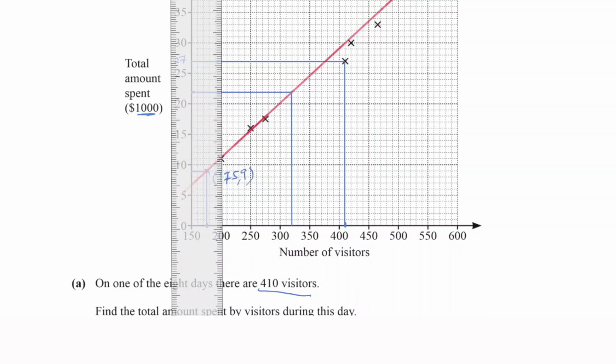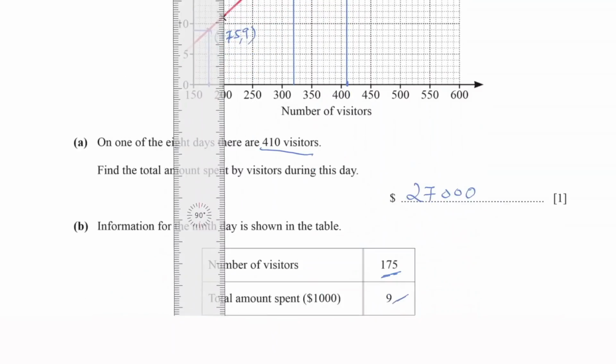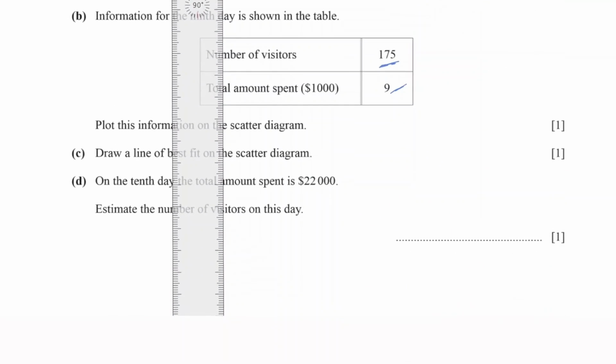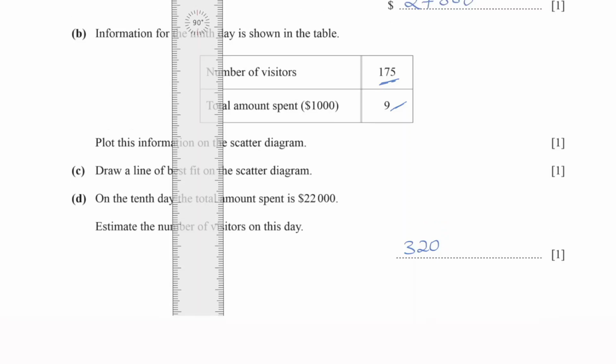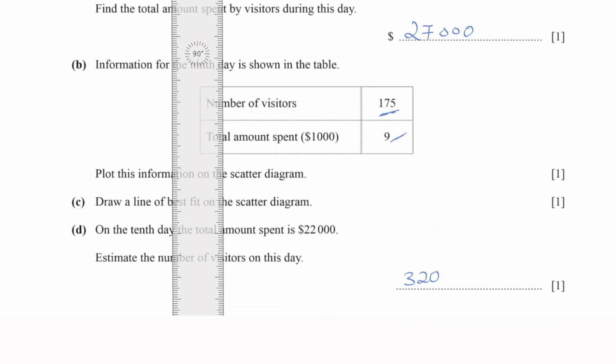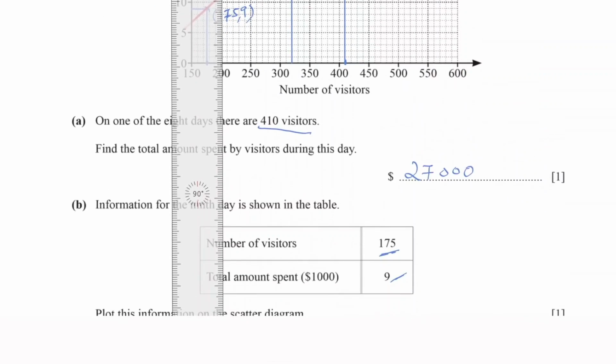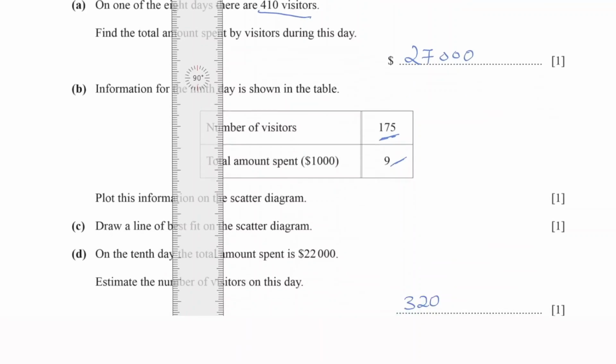Okay, so the answer will be in a range. So you may get 330 also. I am getting 320. They will give you answers in a range, so don't worry about that. So let's move on to the next part.